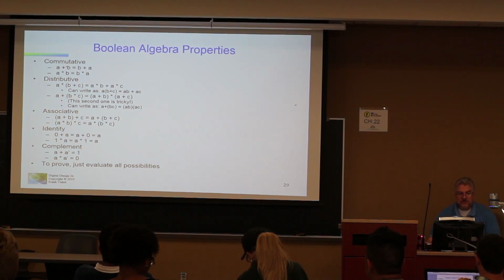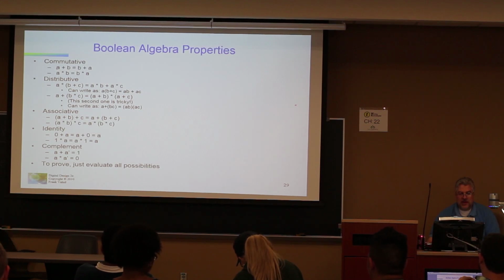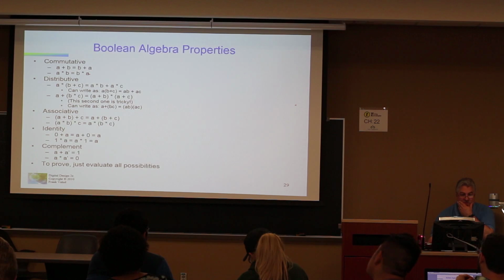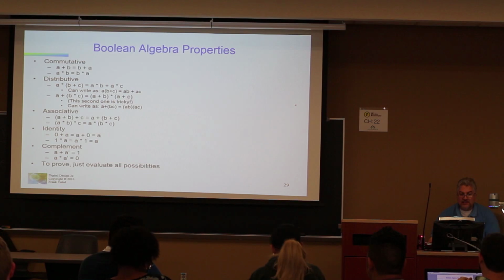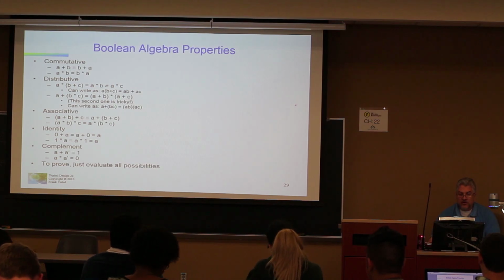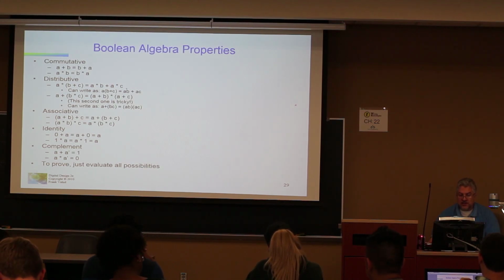So commutative, well, A or B is the same as B or A, right? And, oh, by the way, A and B is the same as B and A. And then there's distributive, and this is the really powerful one: A and (B or C) is the same as (A and B) or (A and C).